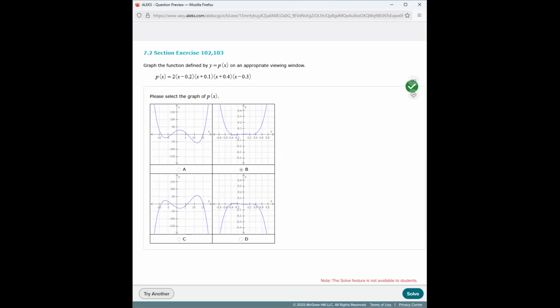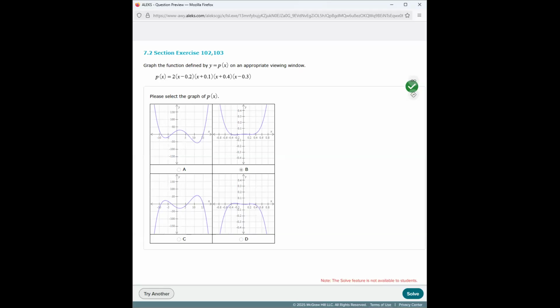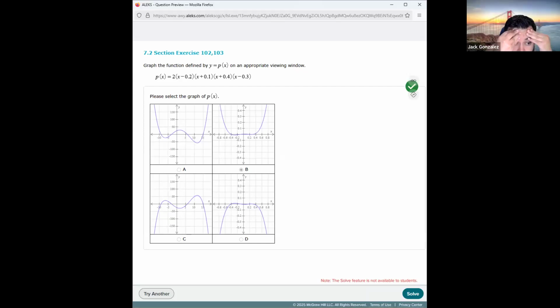Sort of, but I was wondering, where does the 2 come from? The 2 is basically just telling you if it's negative or positive. It does affect the graph, but to eliminate these graphs, the only thing that matters is whether it's positive or negative.